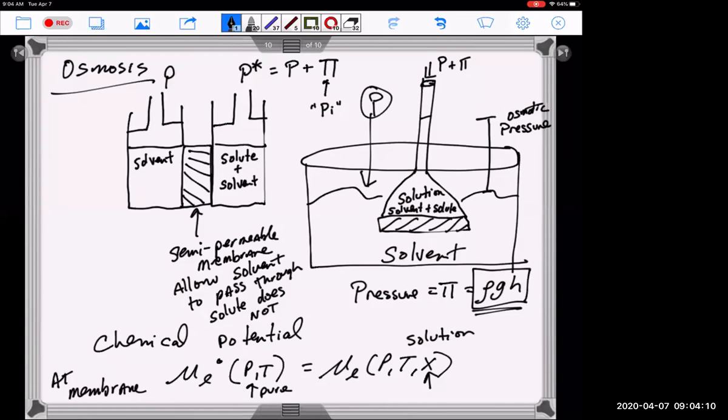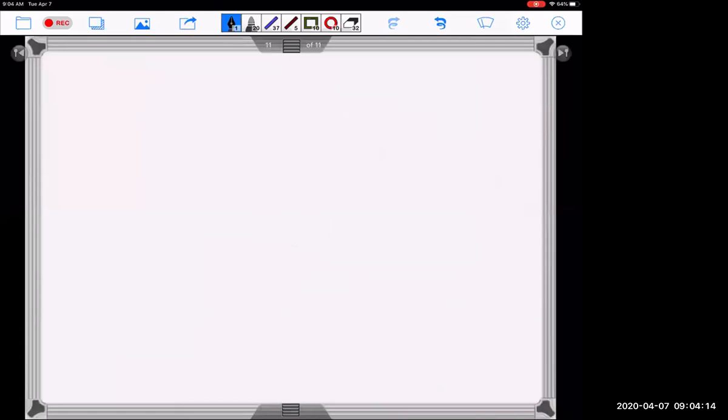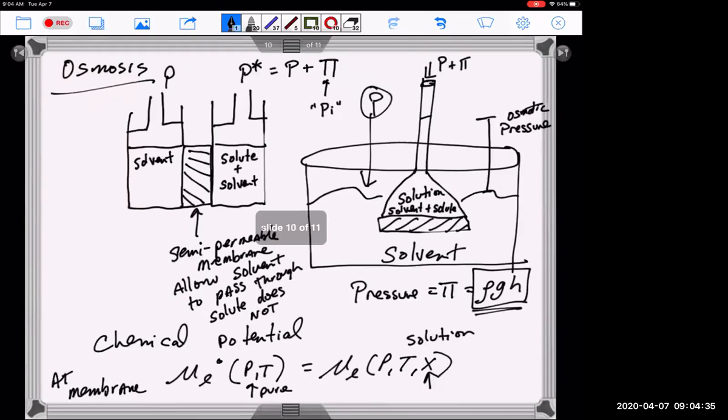Right, so it's got to be true at both sides of the membrane. And another thing, we're going to use that result, and so that means that mu liquid, the pure standard pressure and temperature here, is going to be equal to mu liquid of, now the P here, we have a new pressure. Let's go back here.